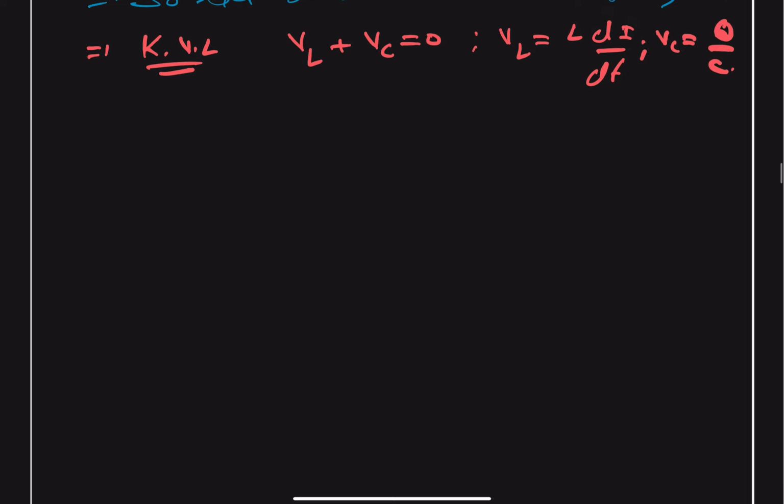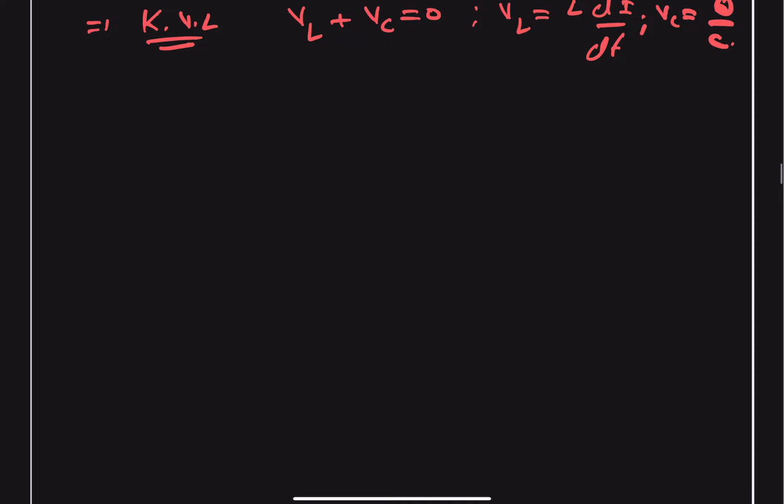So we can write L di upon dt plus Q upon C is equal to 0, and we also know that current I is dq upon dt.